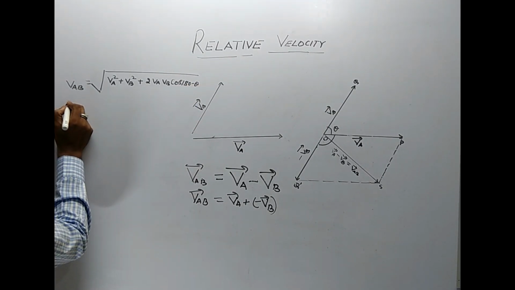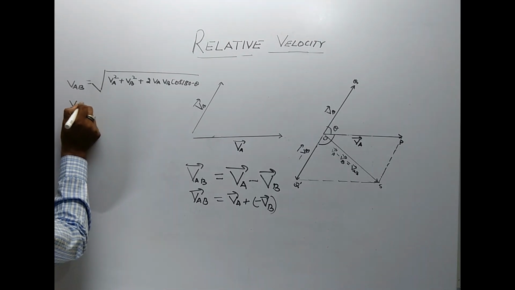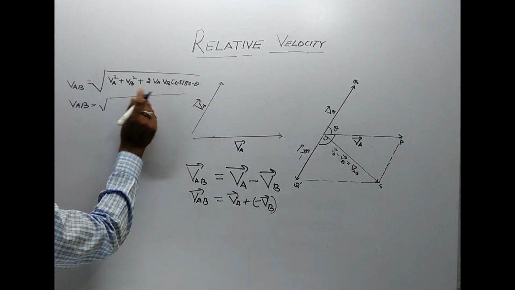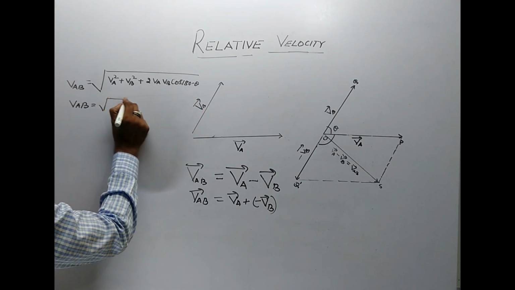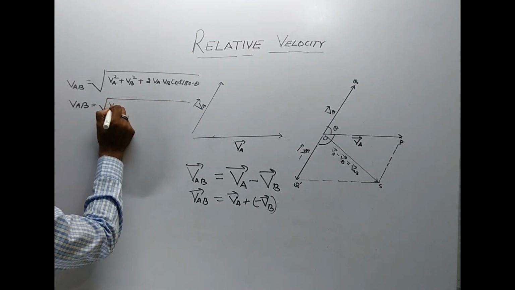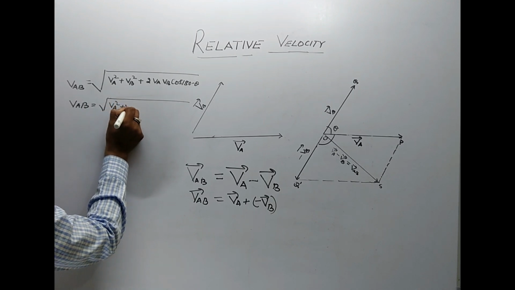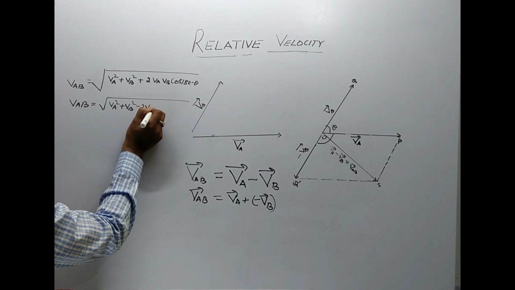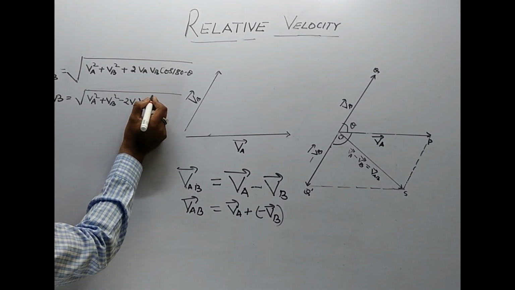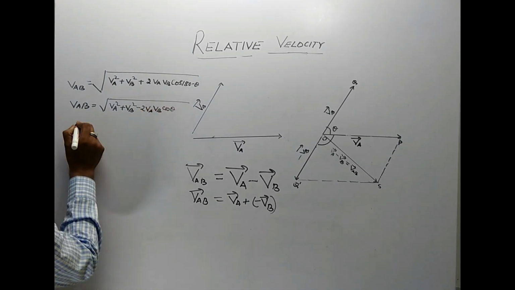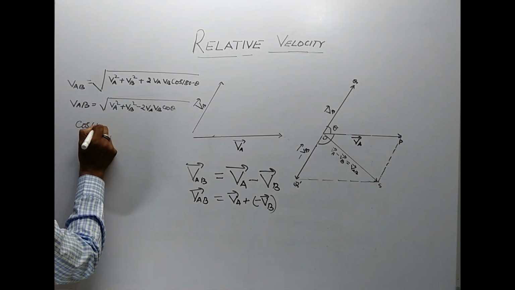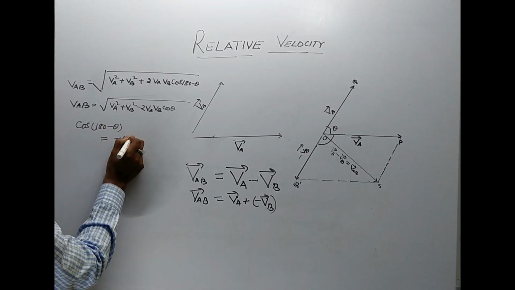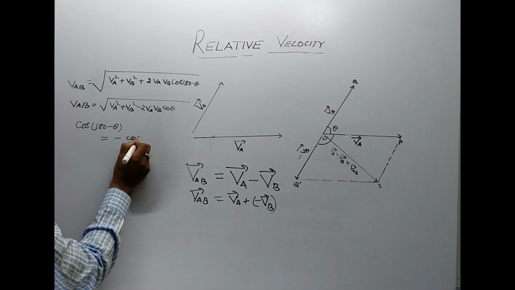That is, VAB equals under root VA square plus VB square minus twice VA VB cos theta, because cos 180 minus theta equals minus cos theta.